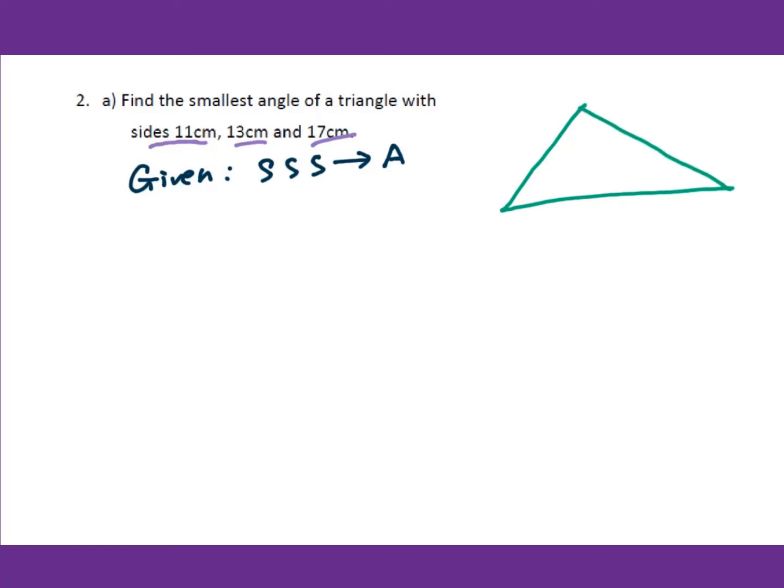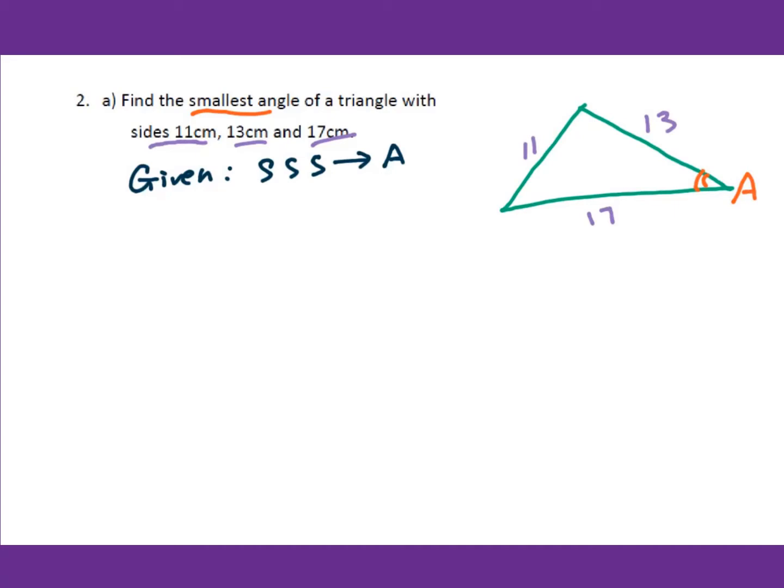Label the longest side 17, the median side 13, and the smallest side 11. We know the smaller angle corresponds to the smaller side. Therefore, since we're looking for the smallest angle, we're looking for the angle corresponding to this 11. Let's label it as A.